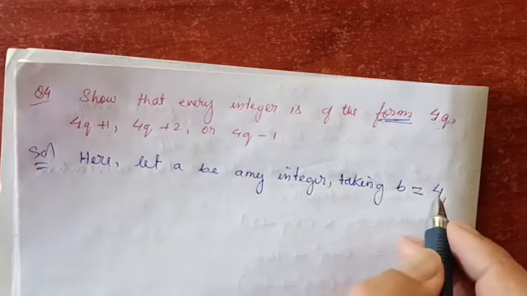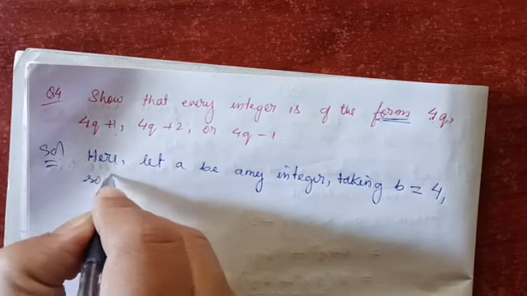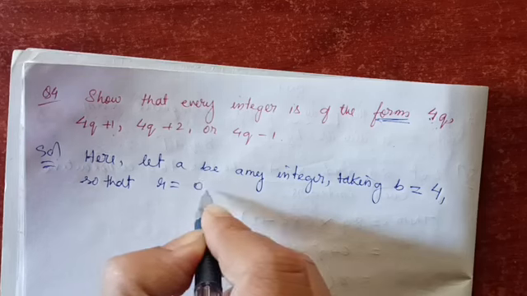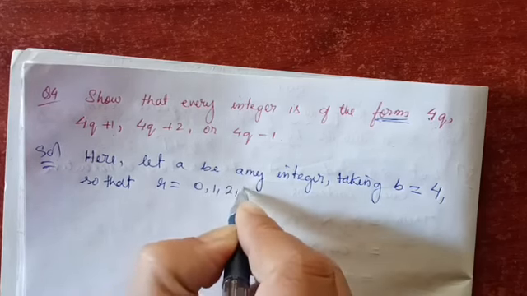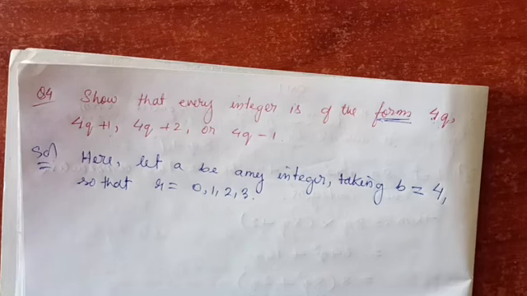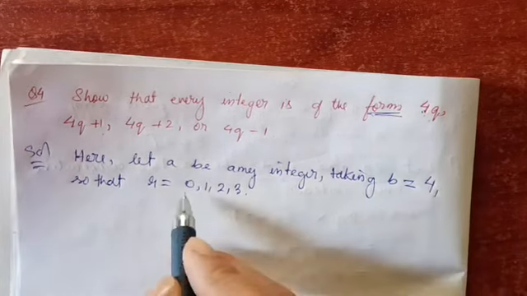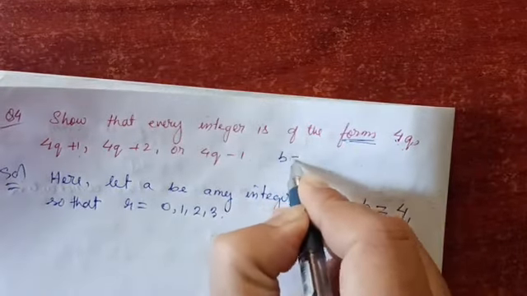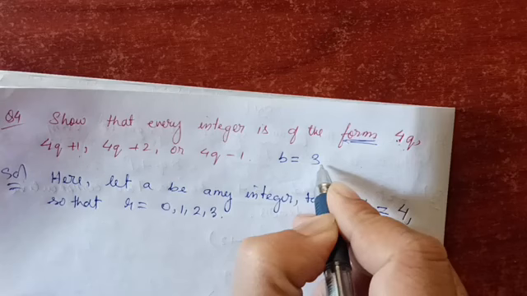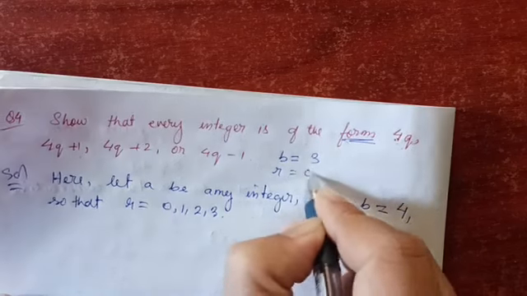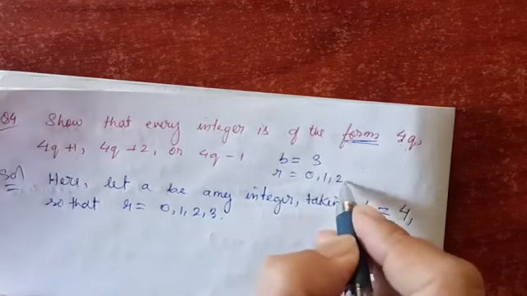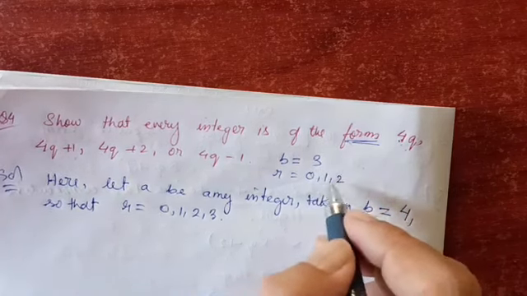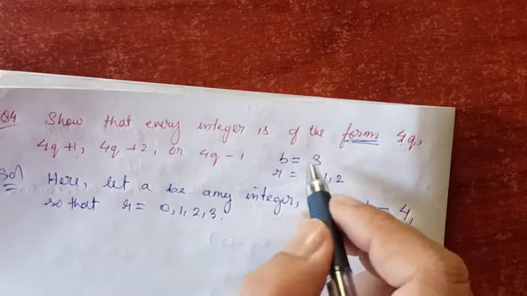Then if the divisor is 4, r equal to 0, 1, 2, 3. Okay, if the divisor is 4, the remainder can be up to 3. Now look here. If the value of b is, let's say, 3, then r can be up to 2: 0, 1, 2. So it cannot be the same as the divisor. It can be smaller than the divisor but cannot be greater than or equal to the divisor.